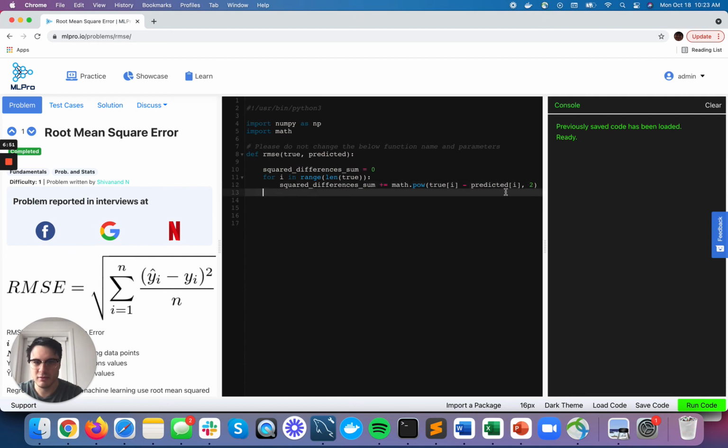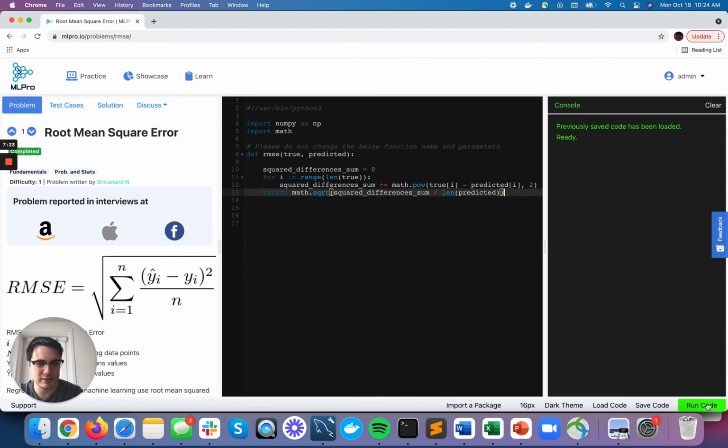So that's all we need for getting the squared sum of the differences. We want to then take the square root and make it an average, so we can return the square root of the squared differences sum divided by the total number of points, which we could either do as length of true or length of predicted. Just to change things up, I'll say length of predicted. And that should give us our root mean squared error.